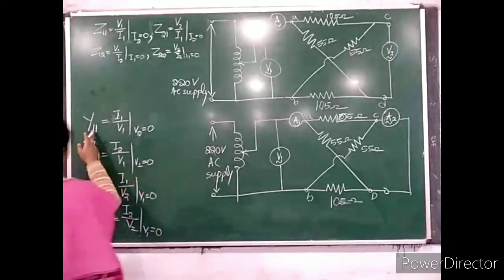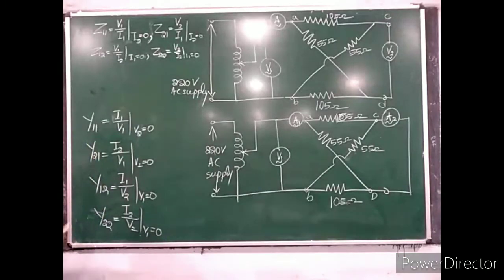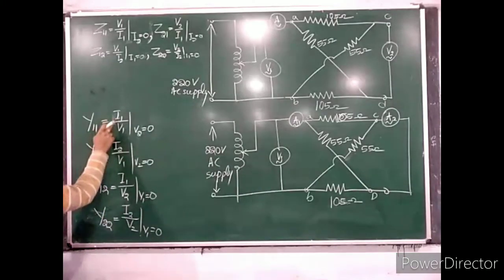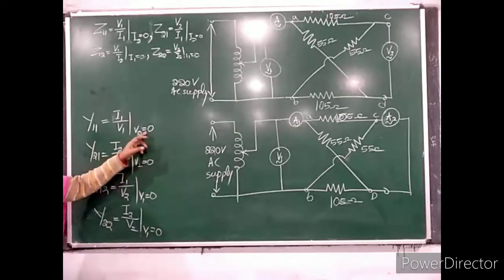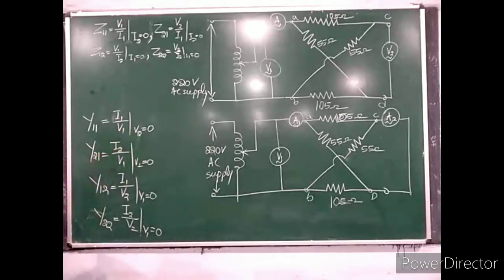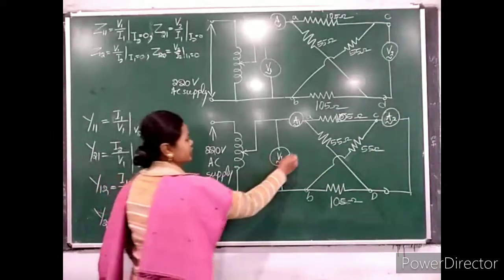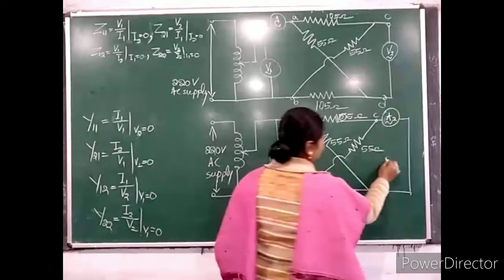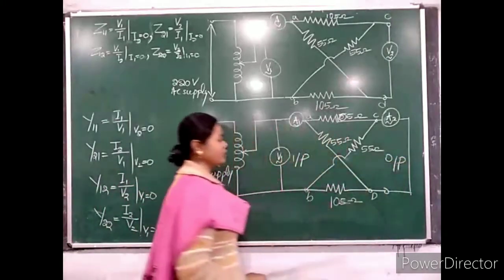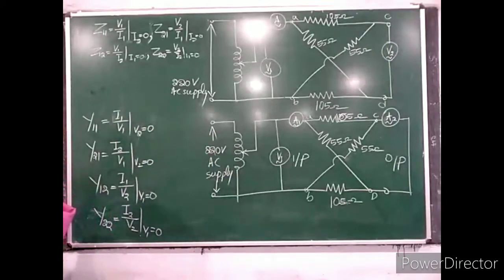As we studied in two port networks, Y11 is I1 by V1 when V2 is equal to 0. V2 voltage 0 means short circuit. Suppose this is the input side and this is the output side. This circuit diagram is for Y parameter calculation.